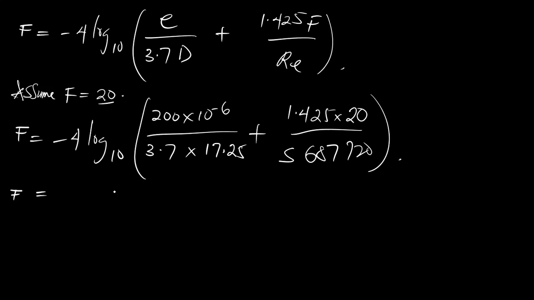minus 4 times log, bracket open, 200 times 10 raised to the power minus 6 divided by 3.7 divided by 17.25 plus 1.425 times 20 divided by 5,687,720, bracket close.